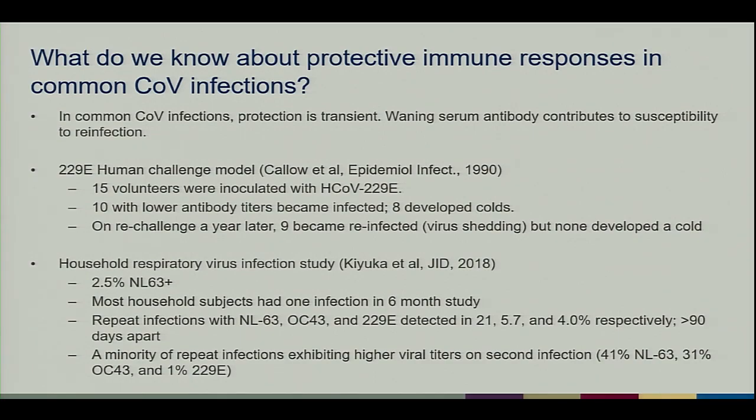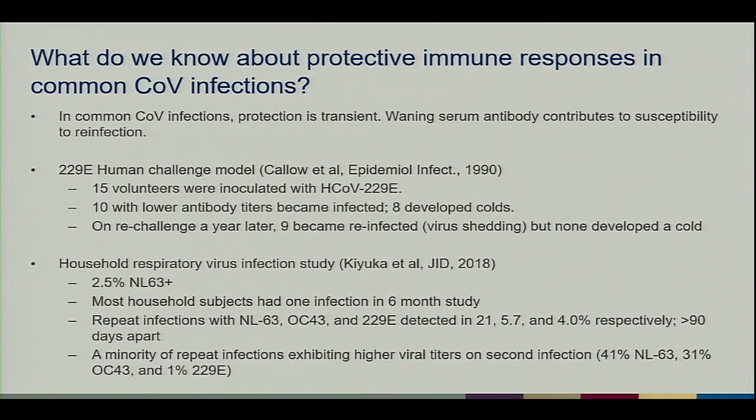The 10 volunteers with lower serum antibody titers became infected, and only 8 of them developed colds. Now, presumably, these were all adult volunteers, so they probably had baseline serum antibody titers and cellular immunity against the virus. And then 1 year later, they did a re-challenge of these 10 individuals who became infected, and 9 became reinfected as assayed by virus shedding. However, none of them developed colds. So it seems like even if they didn't have a sterilizing immunity, many of them had some immunity that protected against symptoms.